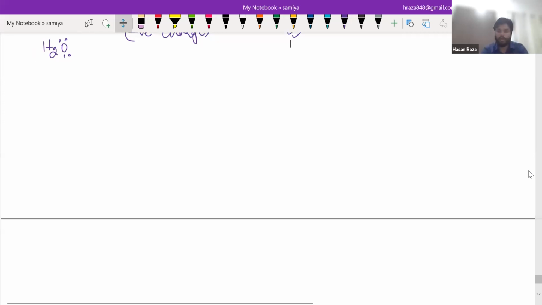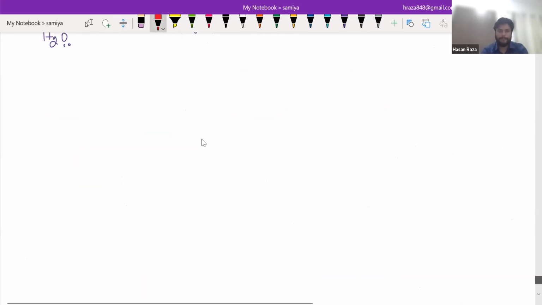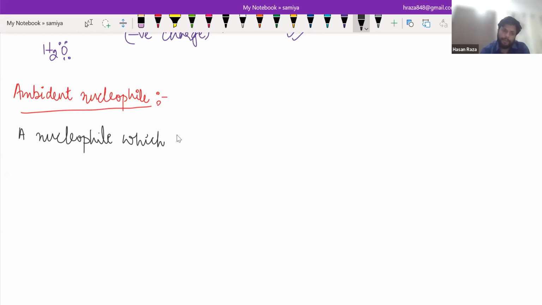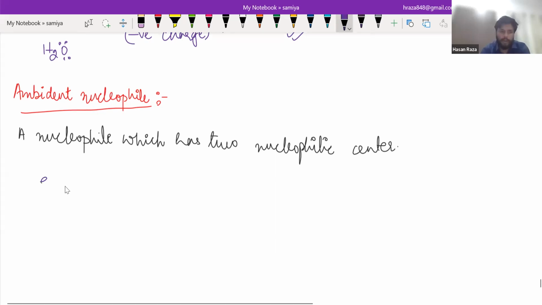An ambident nucleophile is a nucleophile which has two nucleophilic centers.